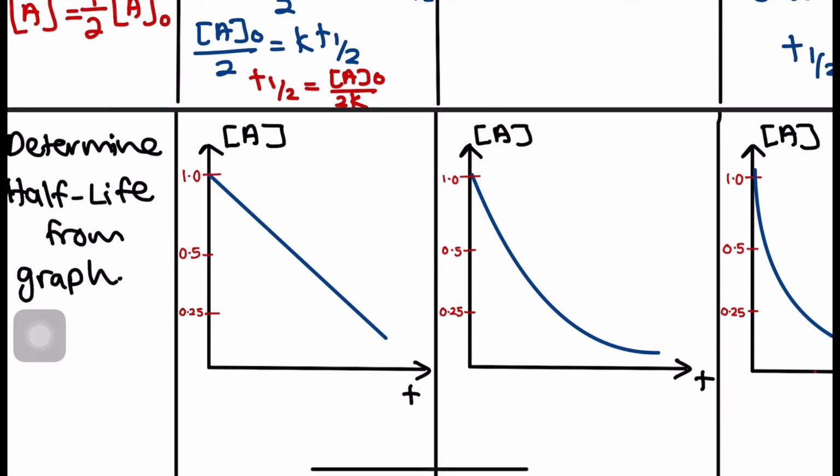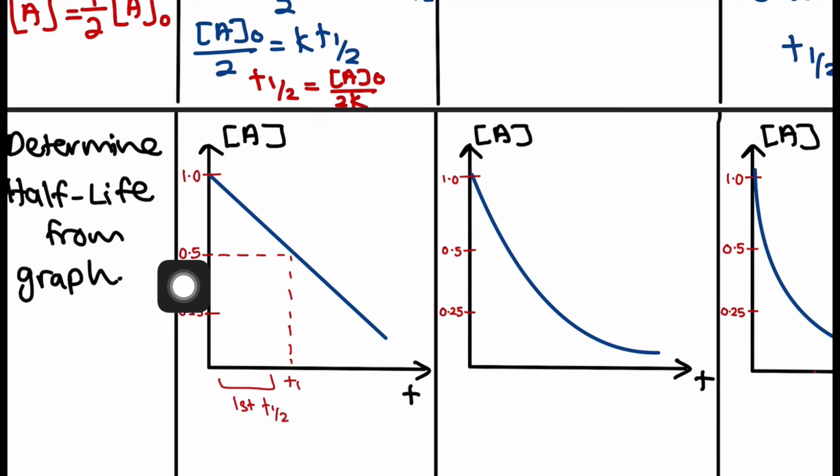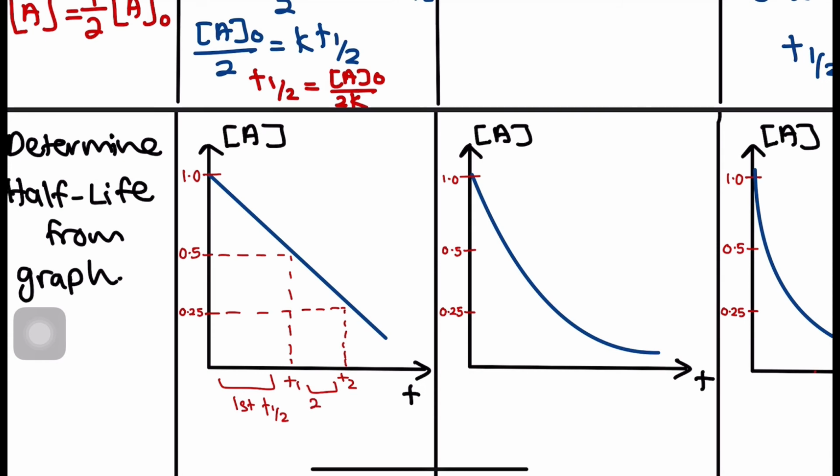Now I'm going to use dotted lines to mark the time taken for this change, and this would be the first half-life. Next, reducing the concentration of 0.5 to half of itself, which would be 0.25, would give us the second half-life.